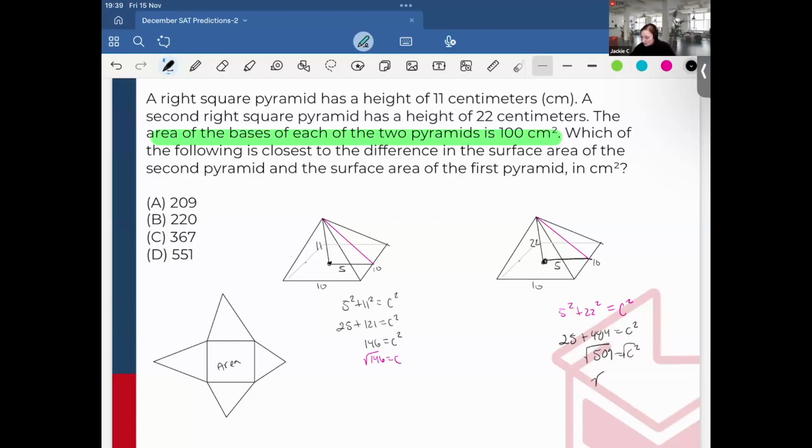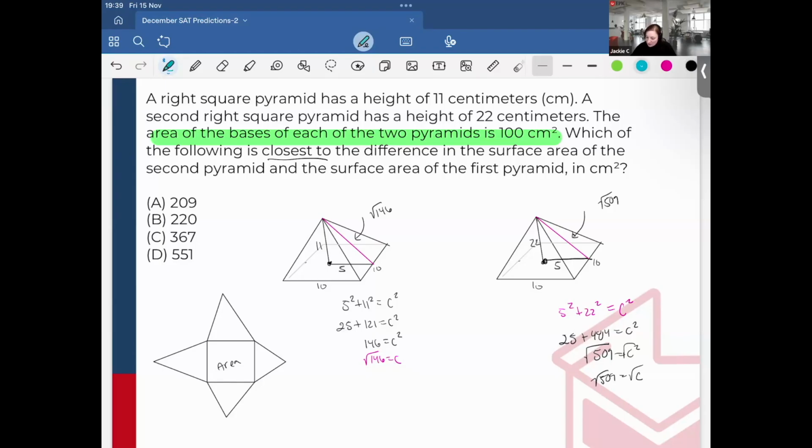So that's why it probably says closest to, it's an approximation. I know that the slant height here is square root of 146, and the slant height here is square root of 509.